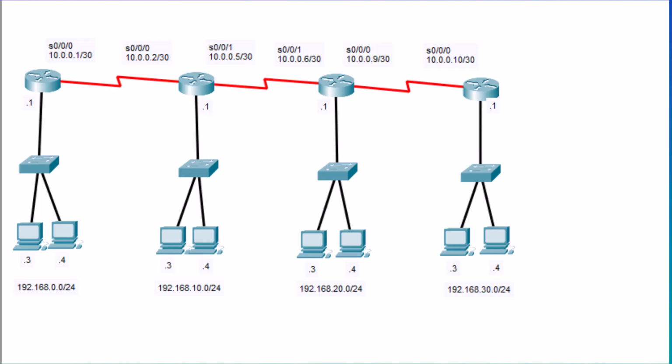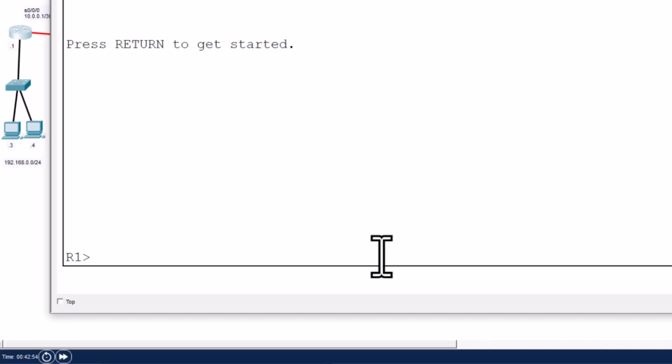To configure static default routes on the two end routers for these stub networks, we're going to use two different methods. On router 1, over here on the left, I'm going to configure a static default route using a next hop address. And on router 4, all the way over here on the right, I'm going to use an exit interface.